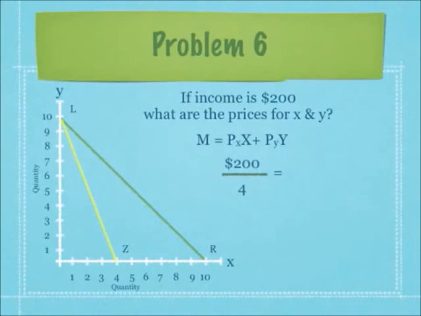In this case, we want to know what happened to the price of X, because the price of Y is the same, right? It's $50. X is more expensive, so again, you can buy less quantity of X. Before you could buy 10 for $200, and now you can only buy 4 for $200, so the prices rose.